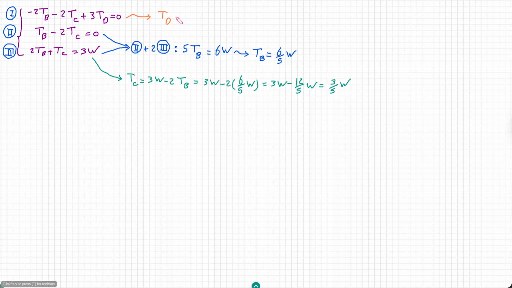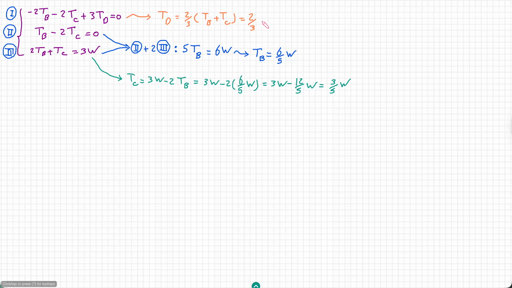TD equals, I move these to the other side and divide by 3, 2/3 of TB plus TC.